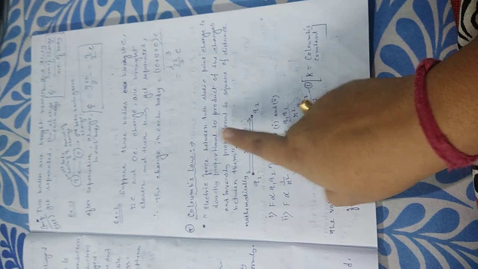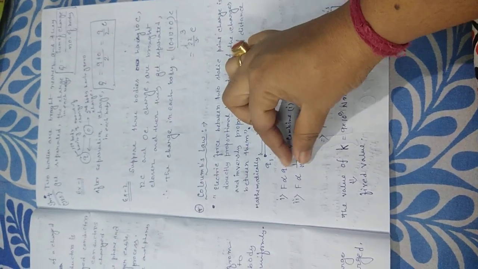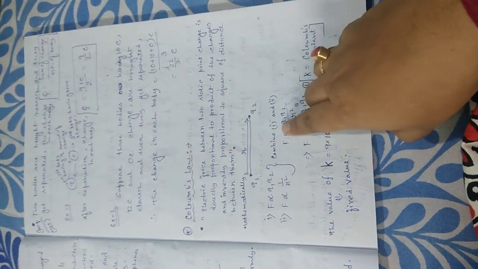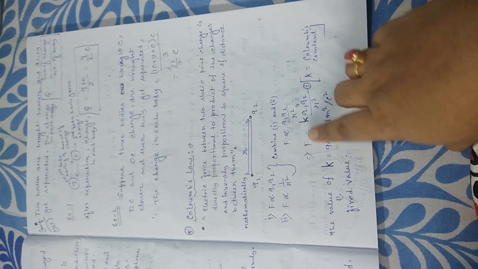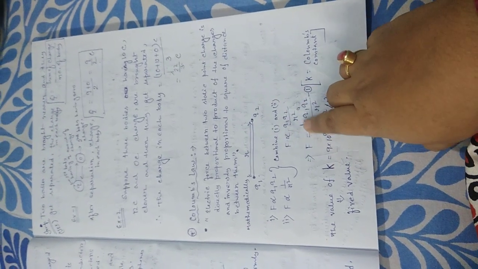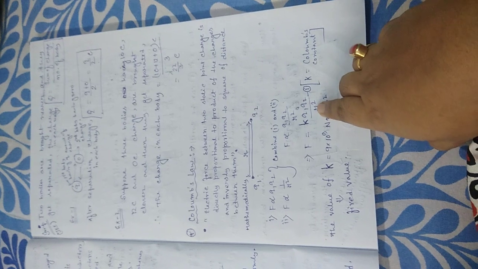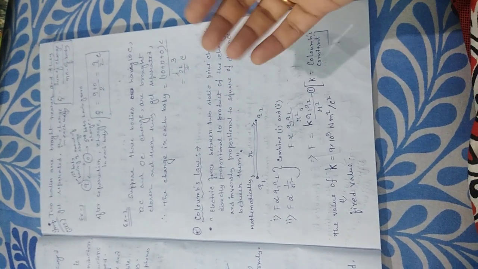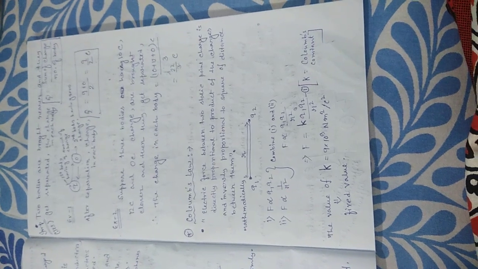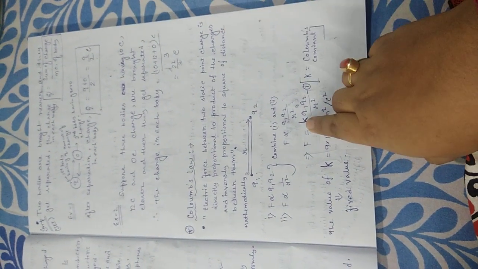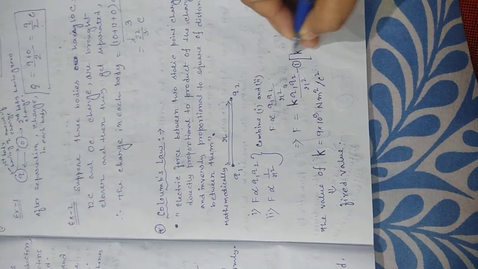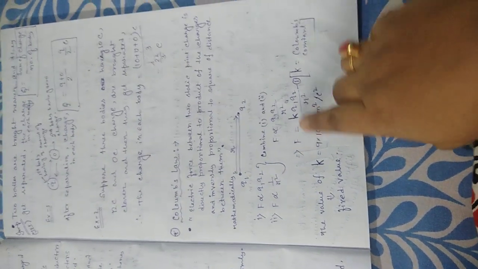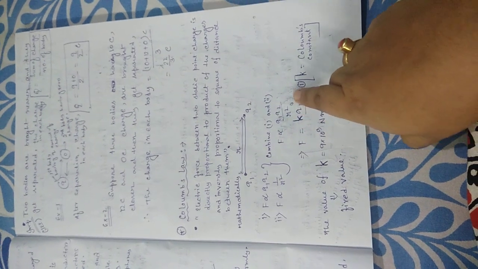Now if we combine these two, F is proportional to q1 q2 by r square, or F equals small k q1 q2 by r square. Why have we written small k here? Because another capital K is also there, that's why we write small k here.